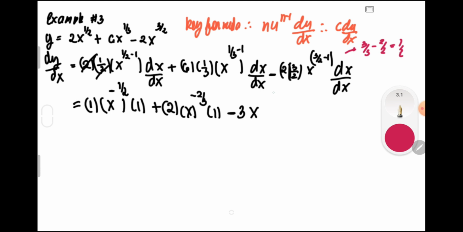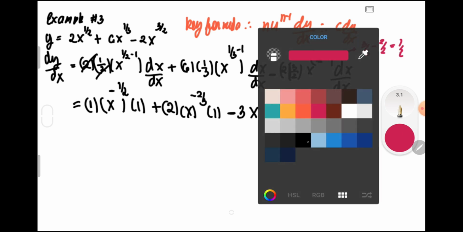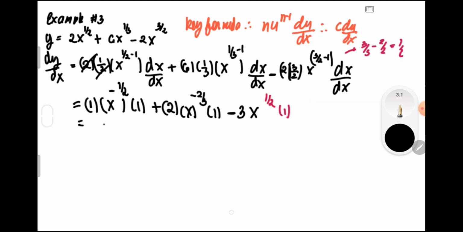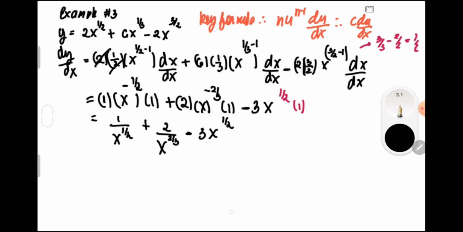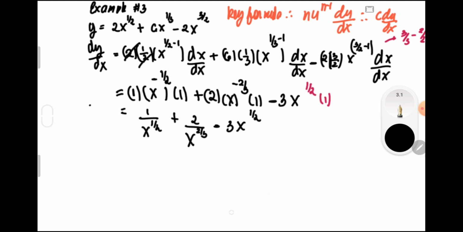So 3x raised to 1 half multiplied by the derivative of x is equal to 1. So therefore, we'll have a value equal to 1 all over x raised to 1 half plus 2 all over x raised to 2 third minus 3x raised to 1 half. Okay, so that would be our y prime, or our dy over dx.